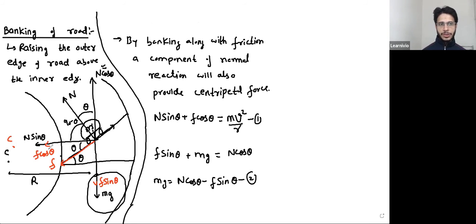The two forces which are acting towards the center will provide centripetal force. This force acting upwards will balance the two forces which are acting downwards, so that your system is in equilibrium along the y-axis. In the next step, you can write the value of friction. Friction is always mu.